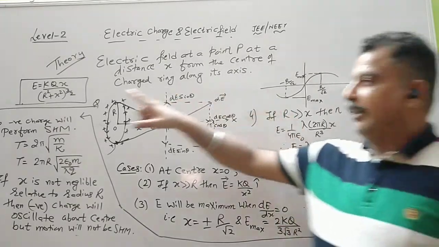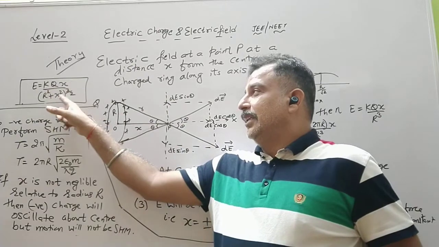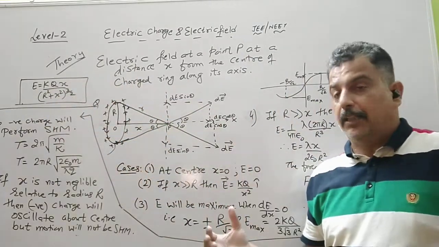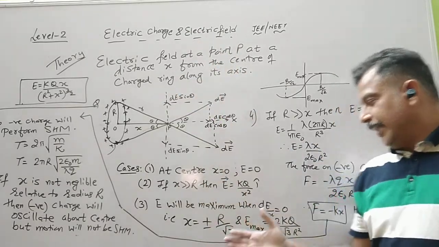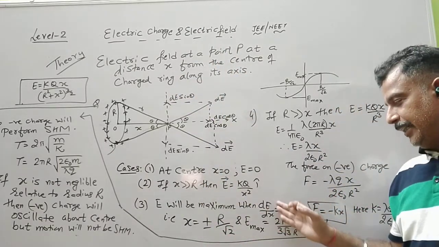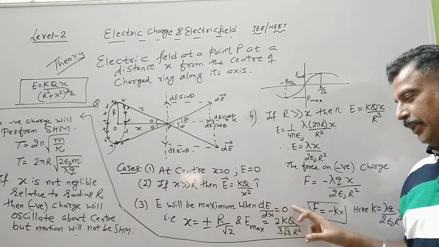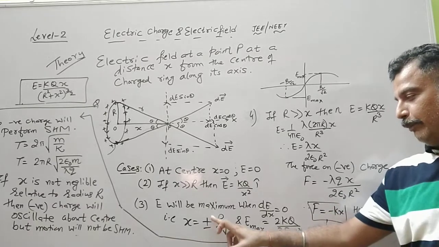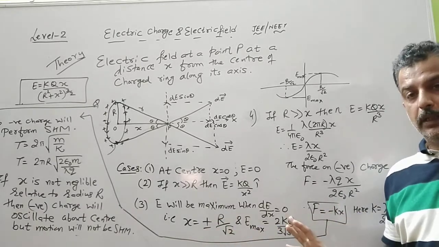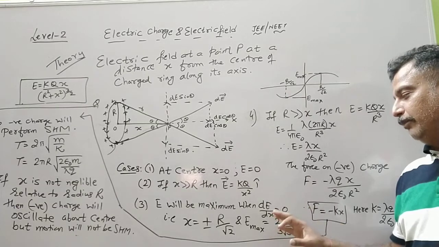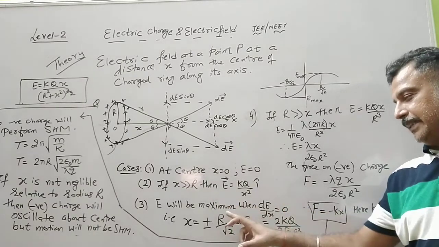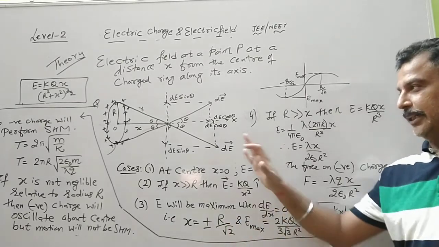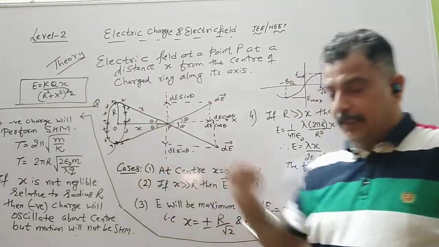So if I do the derivative of this E with respect to x by taking x as R tan theta, and you find out dE by dx and put it equal to 0, then you will get the value of x to be plus minus R by root 2. So you have to remember that E will be maximum at a distance plus minus R by root 2, that is on this side and on the other side.